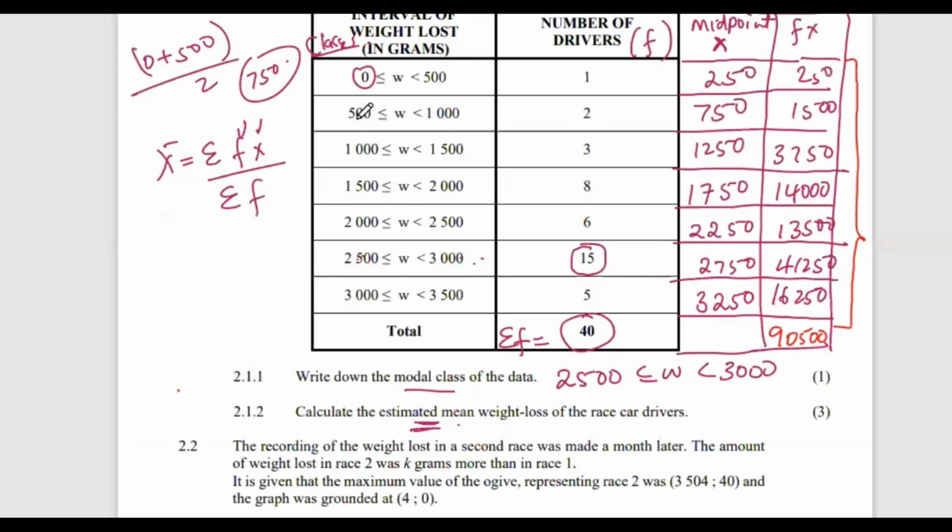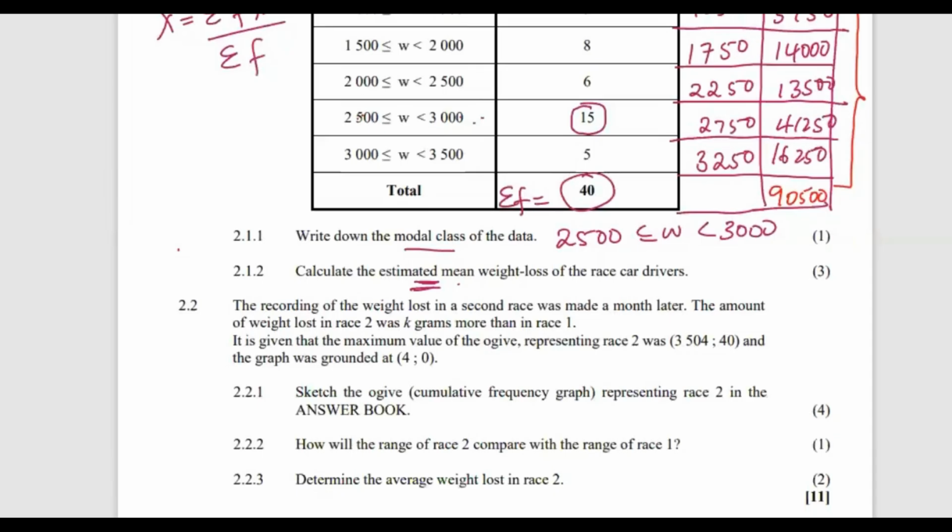All right. Then 2.2. They're telling us that the recording of the weight lost within the second race was made 1 month later, and the amount of weight lost in race 2 was k grams more than in race 1.